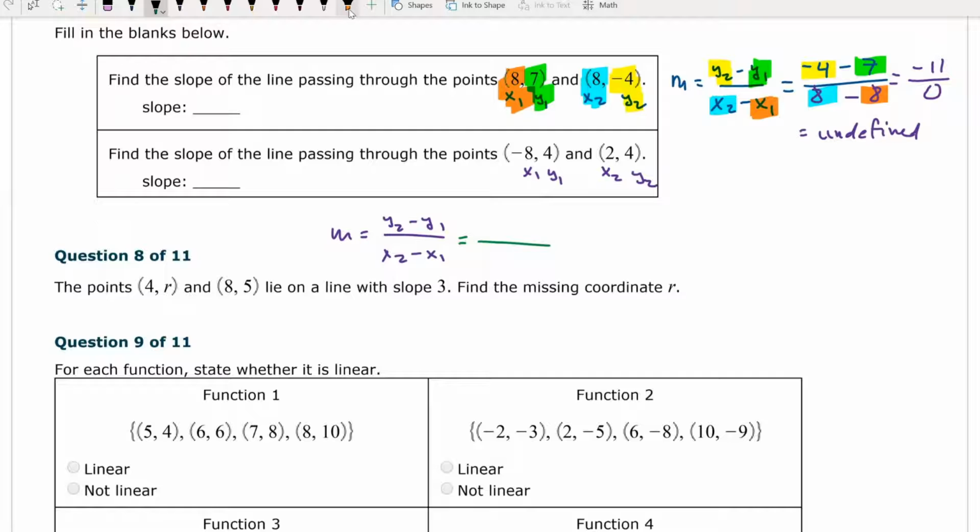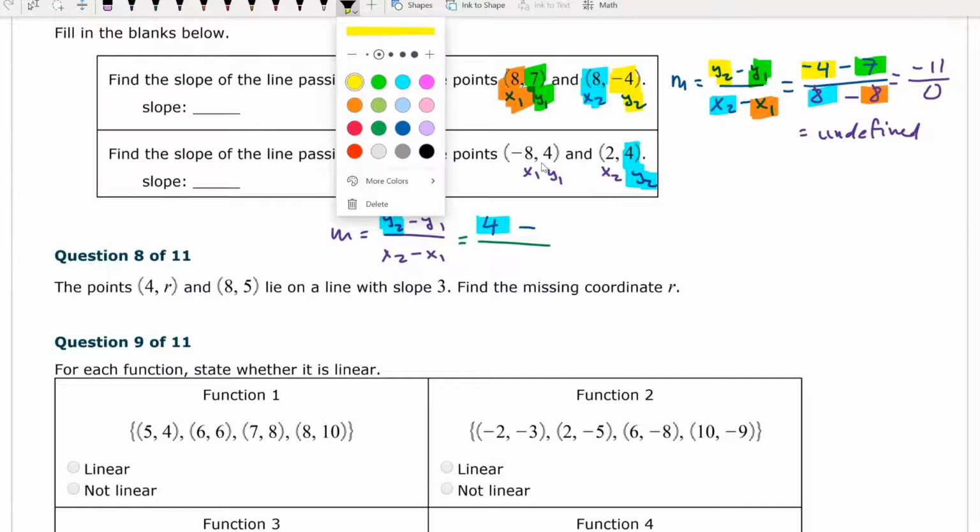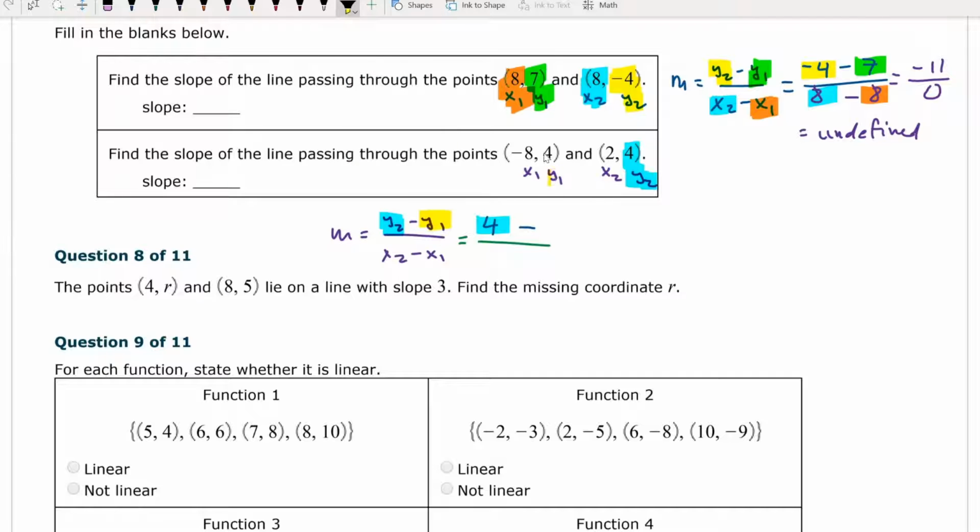Alright, we're going to plug it in. Your y2 is 4, minus, from the formula, y1. Y1 is 4.